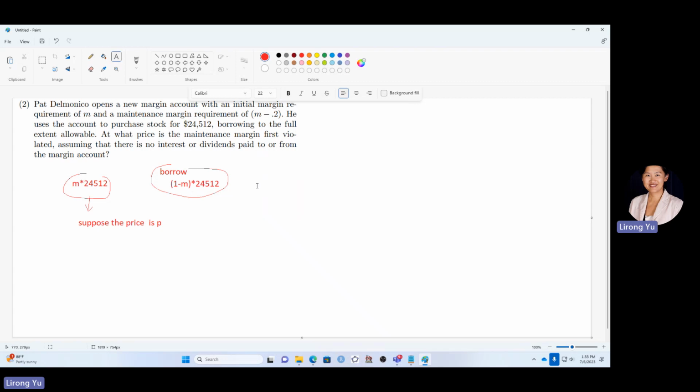So in the original account at the beginning, what's your equity? It's the market price at that time. The market price is 24512, minus the money that you actually borrowed. How much money did we borrow? We borrowed 1 minus M times 24512. But after you subtract them, you realize that we have a common factor, and we subtract the factors.